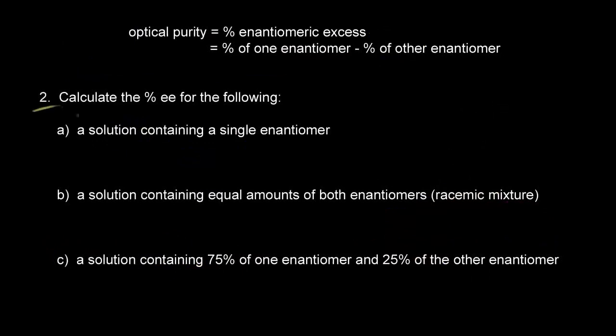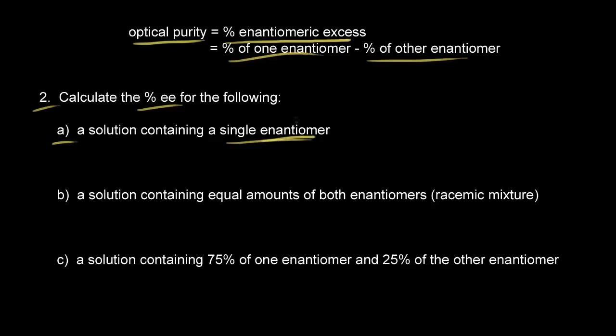For our next problem, problem 2, let's talk about percent enantiomeric excess, or optical purity. This is where you take the percentage of one enantiomer, and from that you subtract the percentage of the other enantiomer. So for part A, let's calculate the percent enantiomeric excess for a solution that contains a single enantiomer. If we have only one enantiomer, this is like the first problem that we did with natural cholesterol.